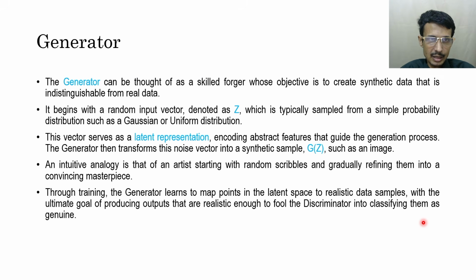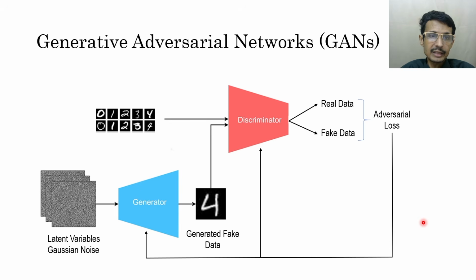Let's see. First of all, start with the generator. A generator can be thought of as a skilled forger whose objective is to create synthetic data that is indistinguishable from the real one. So what we'll see in this figure is that this generator is basically a kind of neural net that takes input from a latent variable, let's say Gaussian noise, and tries to generate samples.